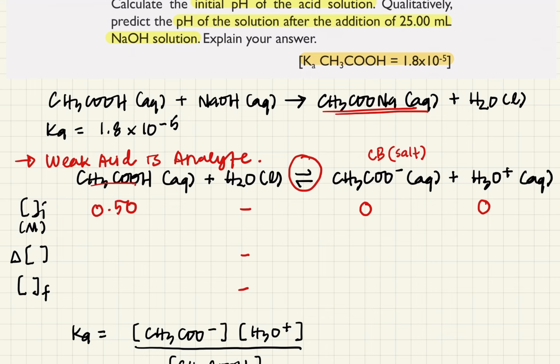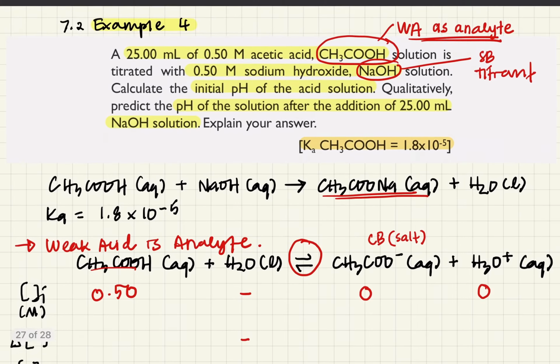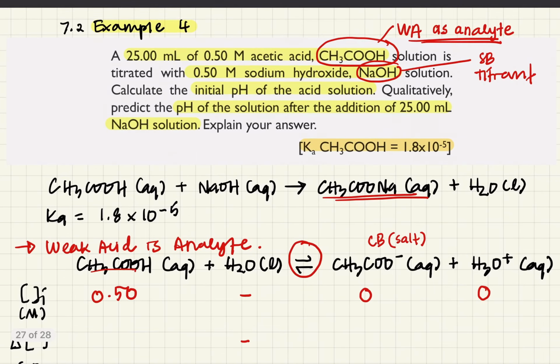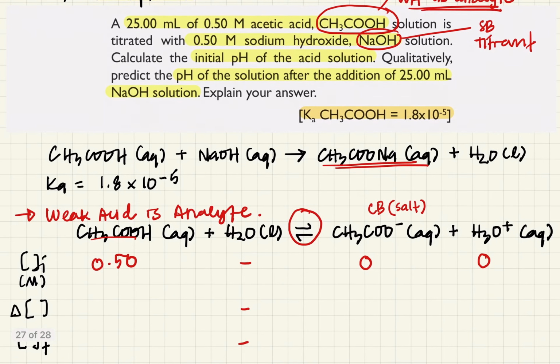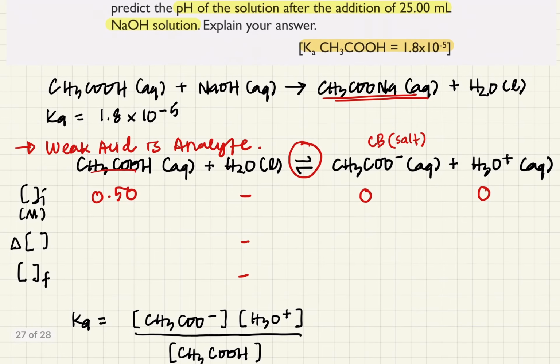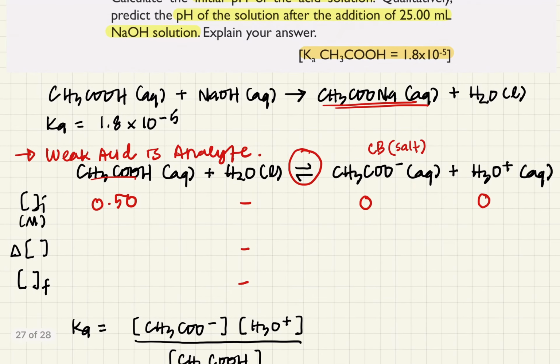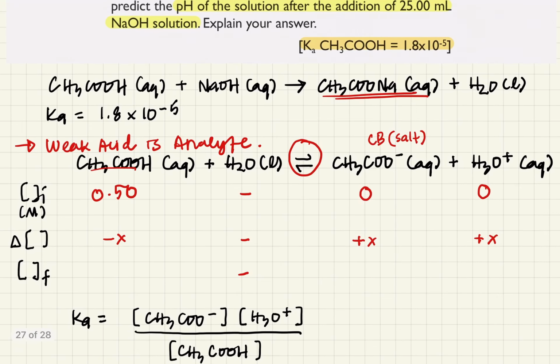So the change in your molarity, you don't know. Okay, you don't know apa benda ni. You don't know the value of your dissociation for your weak acid. So you will put minus X. Okay. Ini will be plus X and then plus X. So maksudnya since dia bagi Ka kan, then awak boleh cari awak punya X tu.